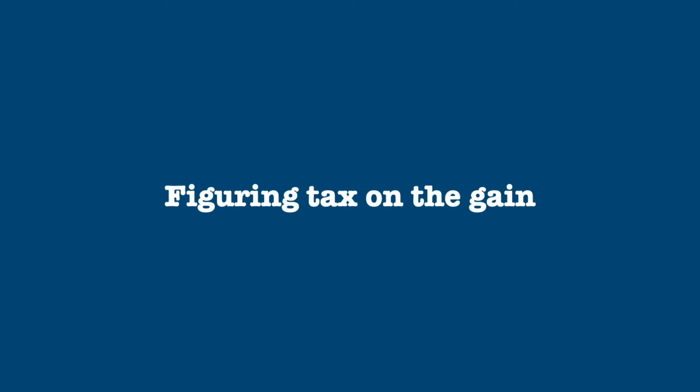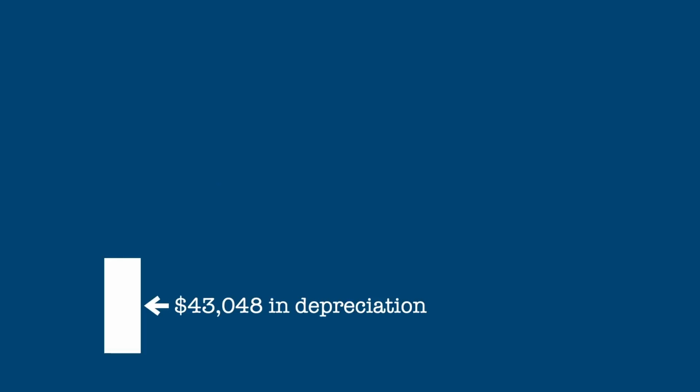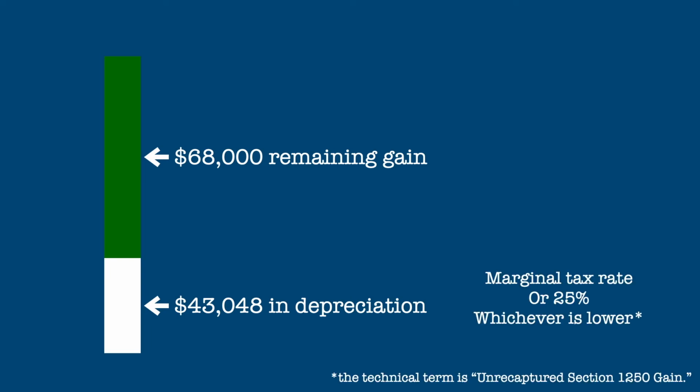So now that we know what the taxable gain on the sale is, how is the tax calculated on that gain? To figure out the tax, we need to split the gain into 2 parts, the $43,048 we took in depreciation and the remaining $68,000 gain. The $43,048 is taxed at Christine's ordinary marginal income tax rate, or 25%, whichever is lower. If you want to impress someone at a cocktail party, this is called unrecaptured Section 1250 gain.